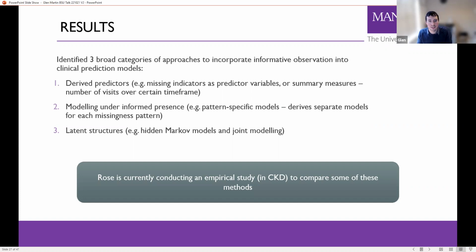So this covers things like hidden Markov models and joint modeling, wherein you have a joint model, say, across the observation process, the outcome process, and maybe some sort of latent state in that as well. And again, Rose is currently trying to look into comparing these to see which might be more advantageous or not, as the case might be.